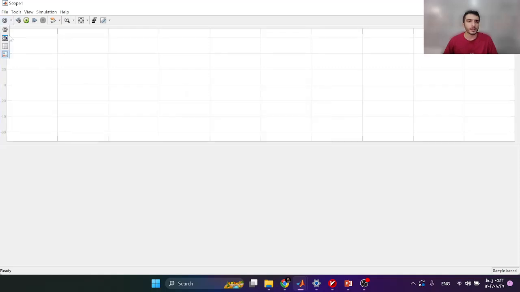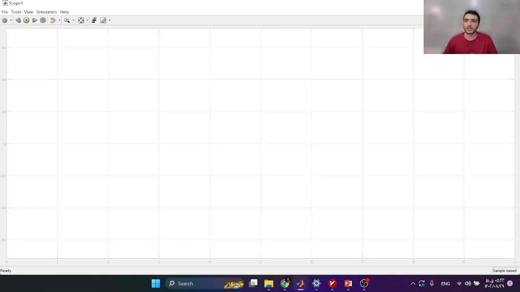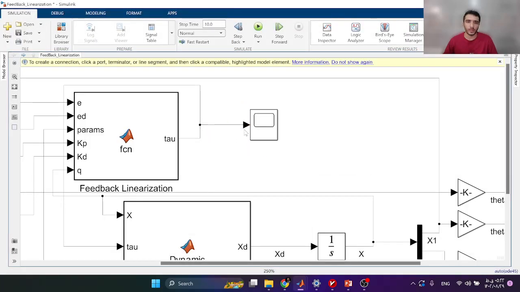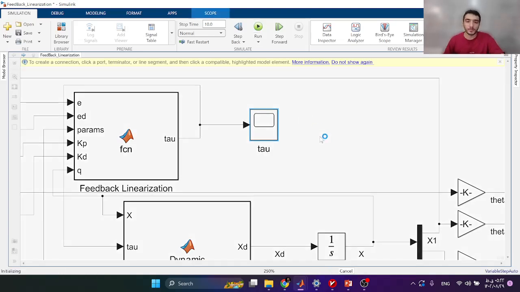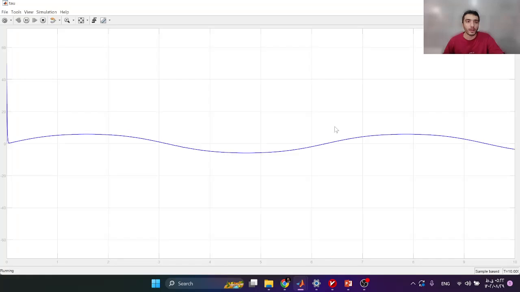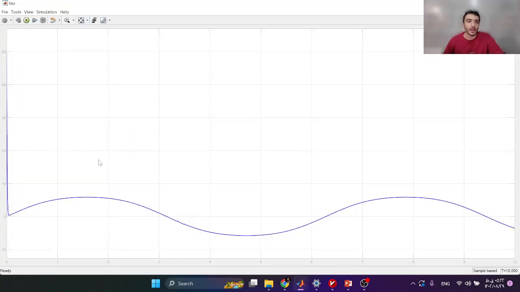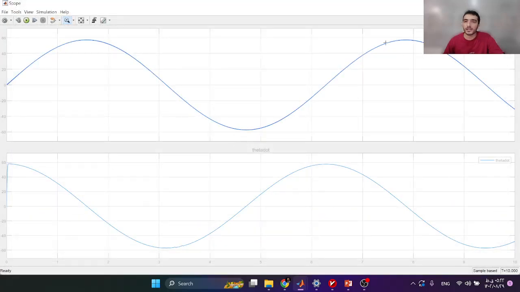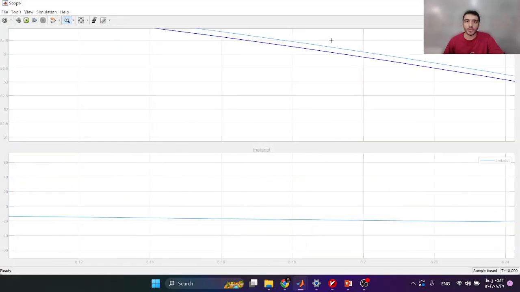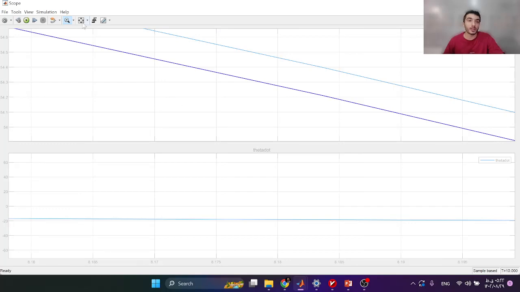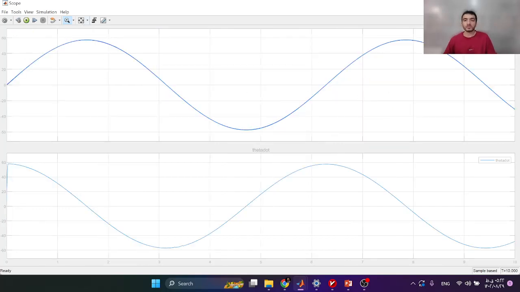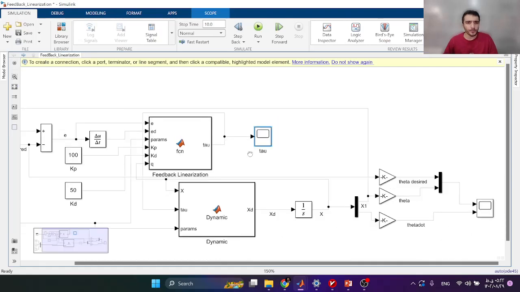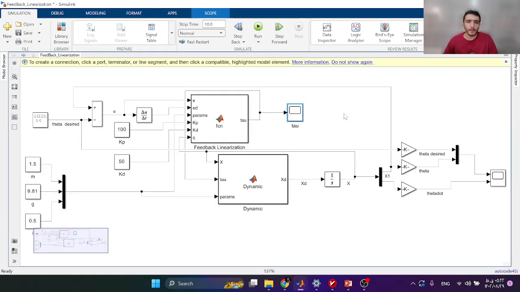Okay, this is the control input here, and this is the actual theta and the desired theta that is very nicely controlled. And this is the feedback linearization controller.